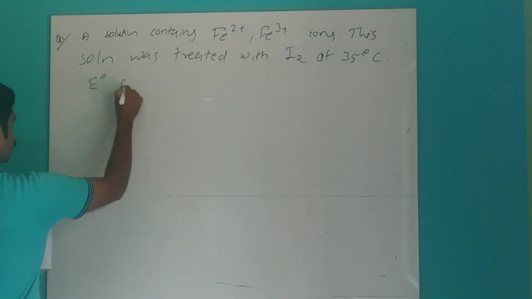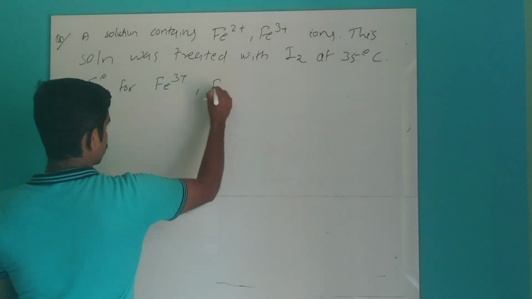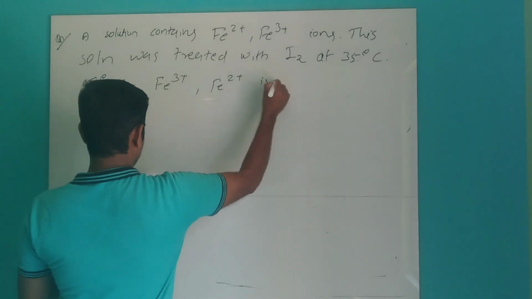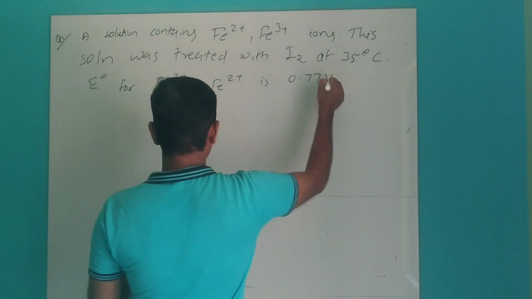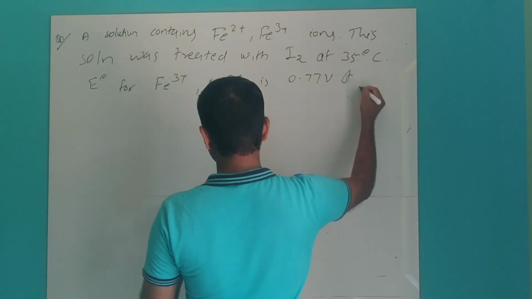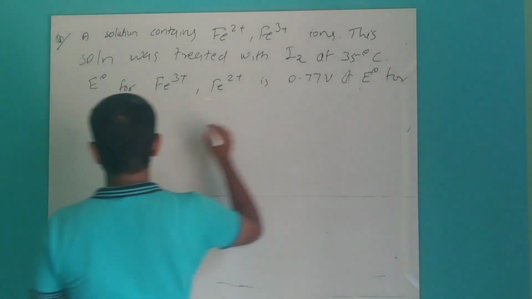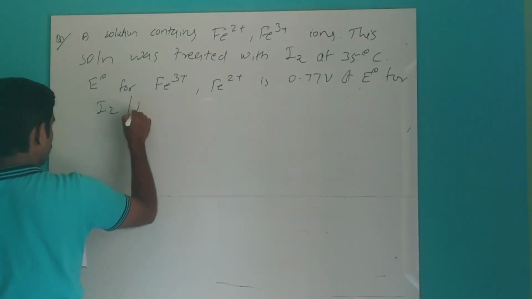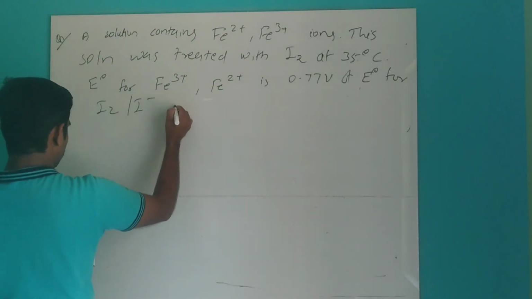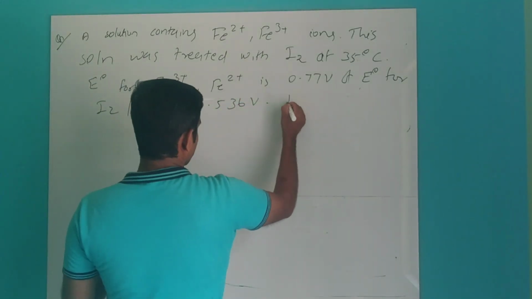E0 for Fe3+, Fe2+ is 0.77 volt, and E0 for I2, I minus is 0.536 volt.